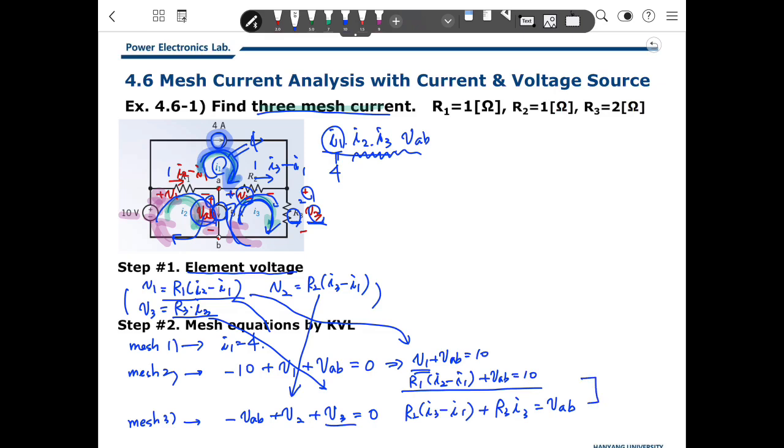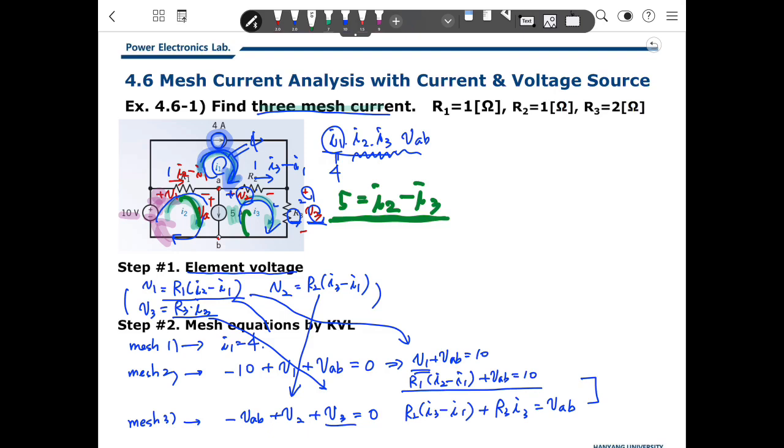So we need one more equation. How do we get that? That is based on the current source here. Because of that, we can define that 5 is I2 minus I3. So we have one more equation here.